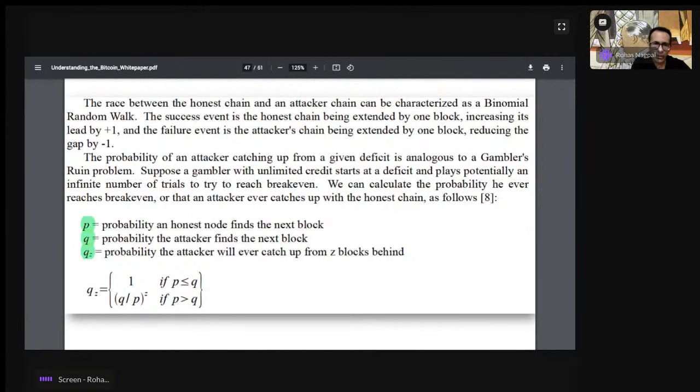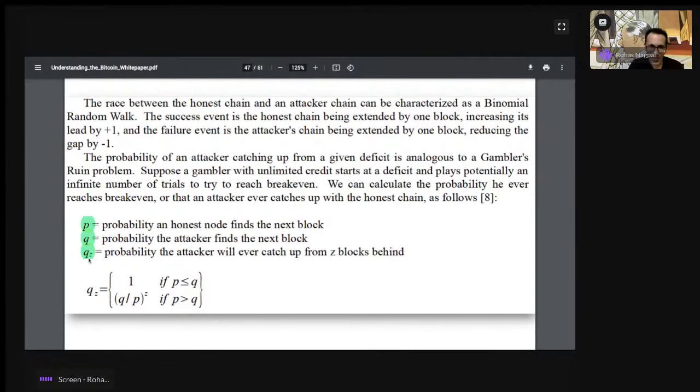Now in Bitcoin, let's look at what they're trying to see here. P is the probability that an honest node will find the next block. And Q is the probability that a dishonest guy, we'll call him the attacker, will find the next block.